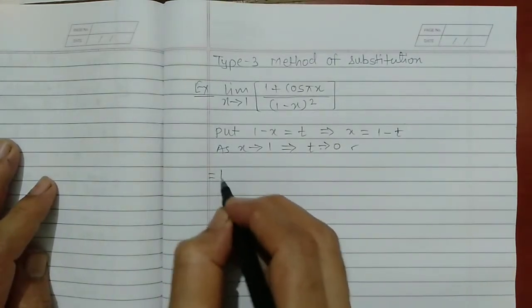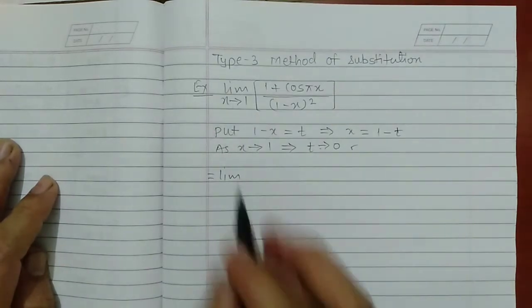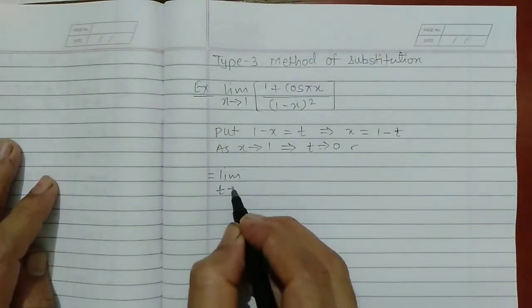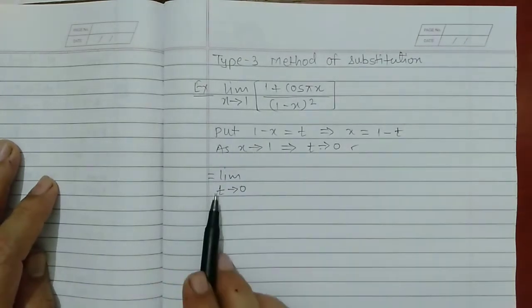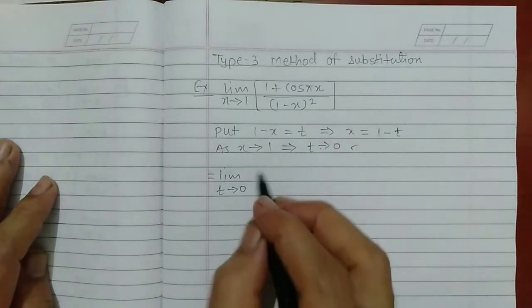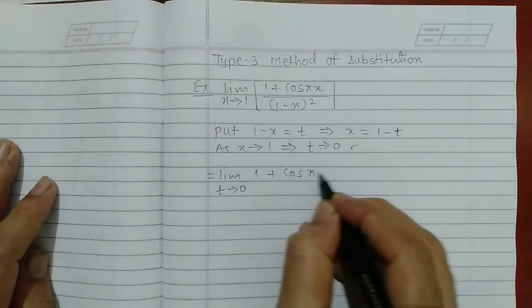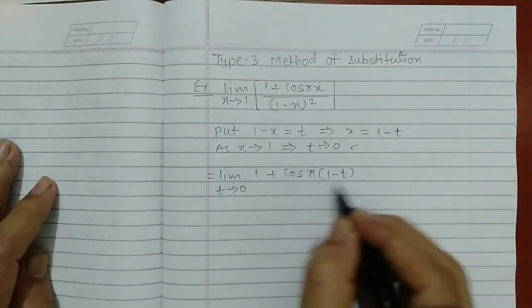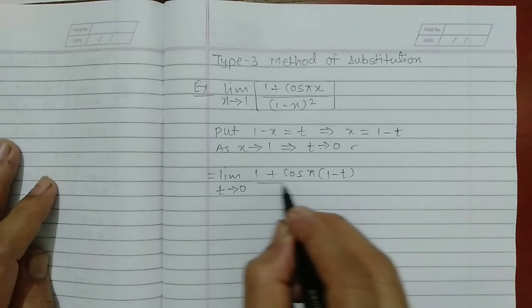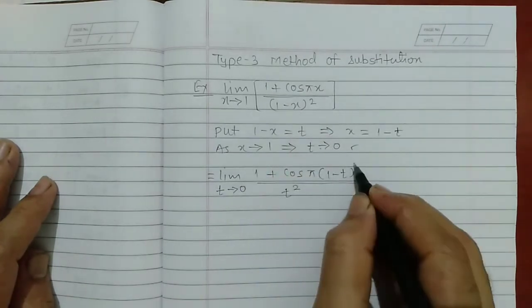So our problem reduces to limit, instead of x tends to 1, I will write t tends to 0, 1 plus cos pi, x is replaced by 1 minus t, divided by 1 minus x is replaced by t, so this is t square.